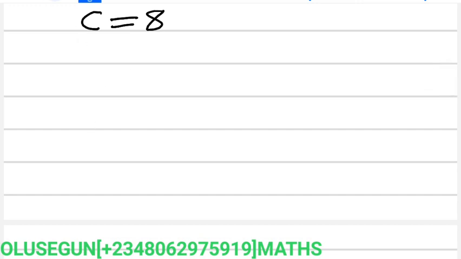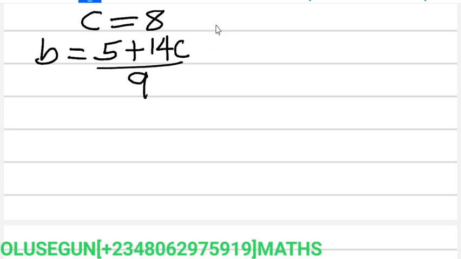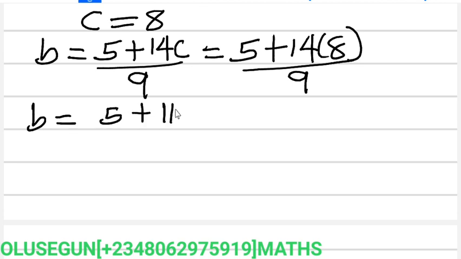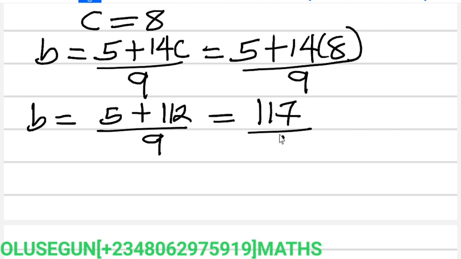And we know that b is equal to 5 plus 14c over 9. This is the value of b. We now have 5 plus 14 onto 8 divided by 9. So b is equal to 5 plus 112 divided by 9, which is equal to 117 divided by 9. It will now give us 13.